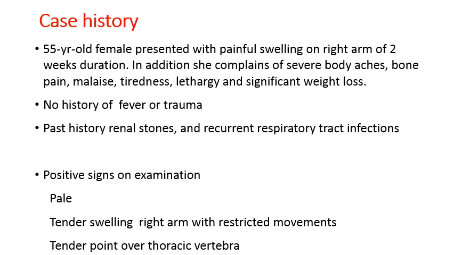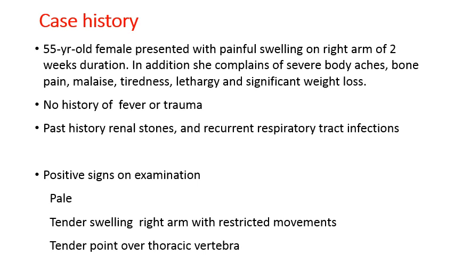But she does not give a history of fever, and although she has a painful swelling, there is no history of trauma. And in addition, there is a past history of renal stones, recurrent respiratory tract infections as well.